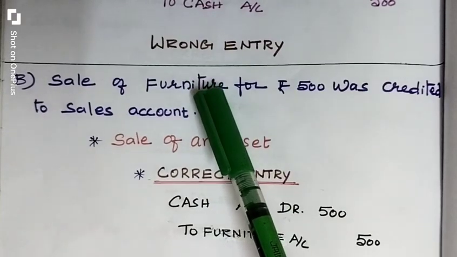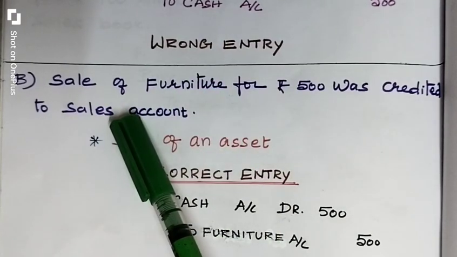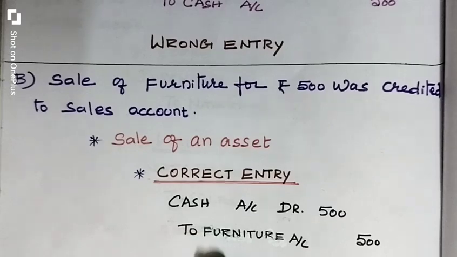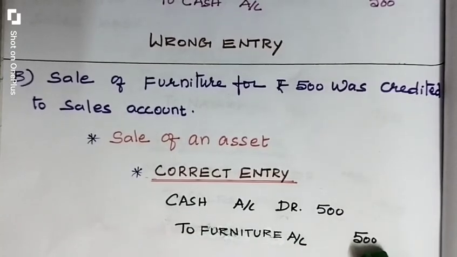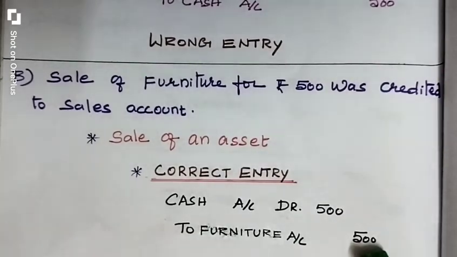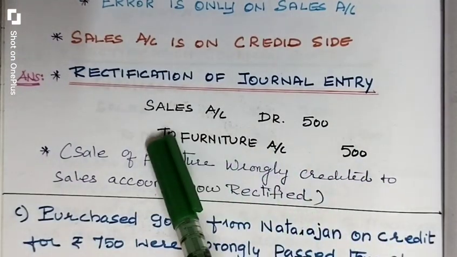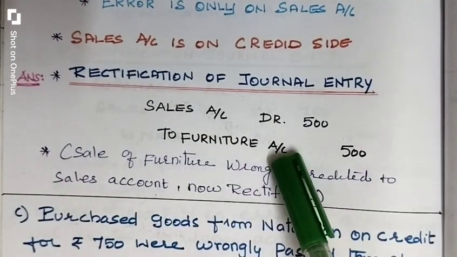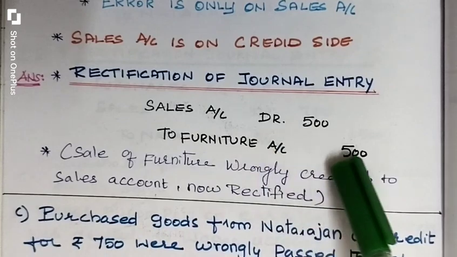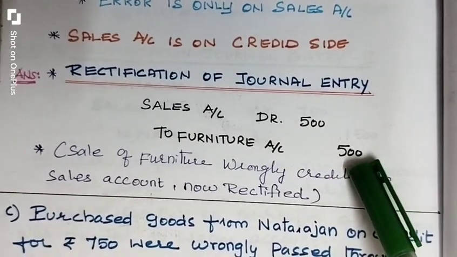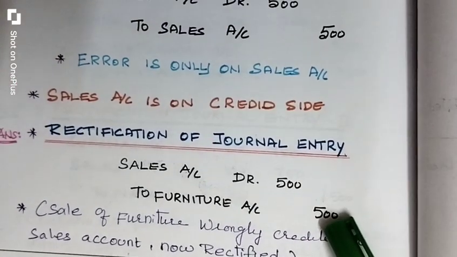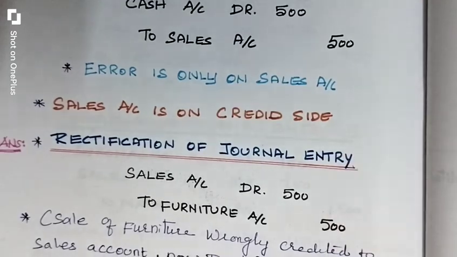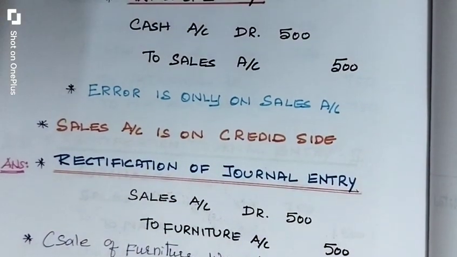Which is the wrong account? Sales account is the wrong account, right? So where is the furniture account? Furniture account is on the credit side. So you have to enter furniture account on the credit side, to furniture account 500 rupees. Then you have to enter the error account on the correct side.